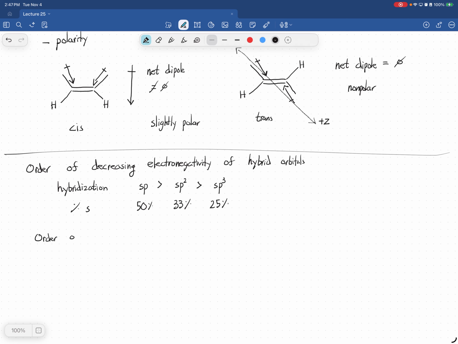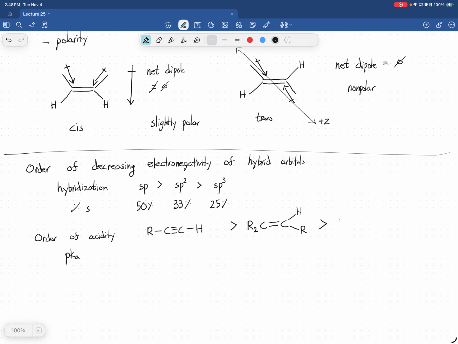So order of acidity. Okay, so here we have pKa. All right, so let's take a few compounds here. Let's have a terminal alkyne, a triple bonded C bond to an H. An alkene carbon, two alkyl groups on one carbon atom, and then we have a hydrogen here and an R group.